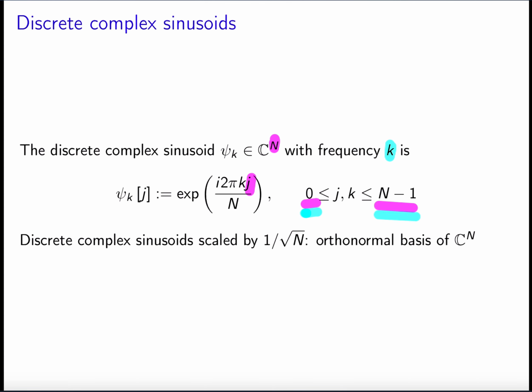And notice that this is a complex exponential, and we have n down here, so this expression is actually periodic in both j and k with period n, because complex exponentials are periodic with period 2 pi.